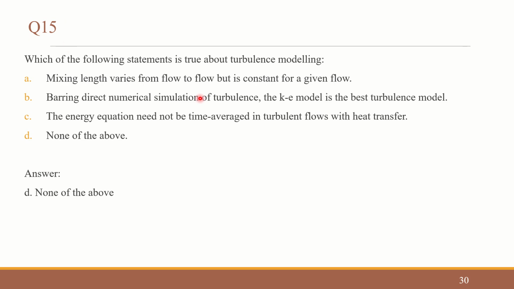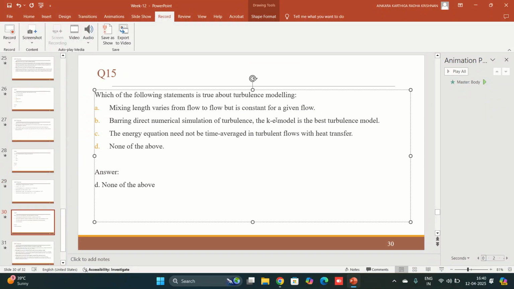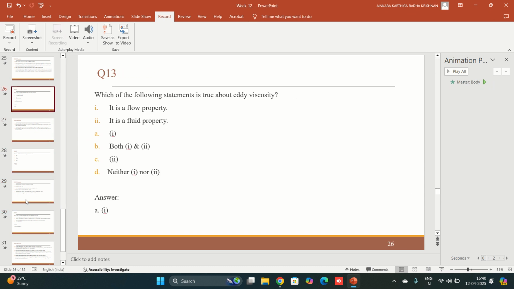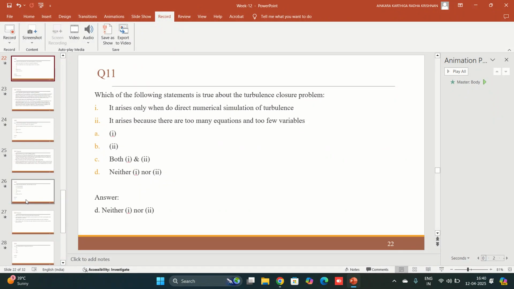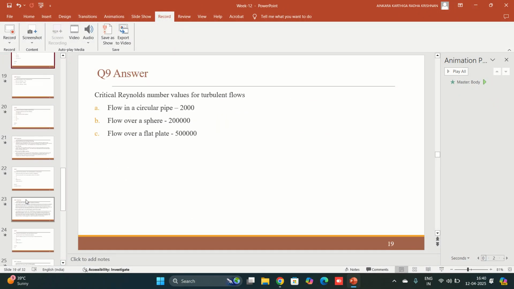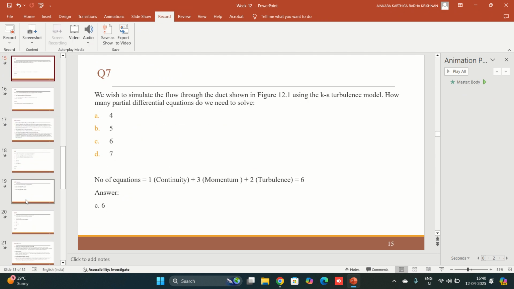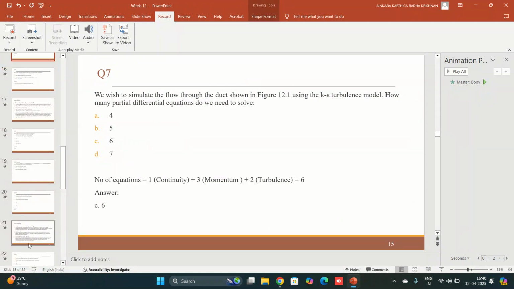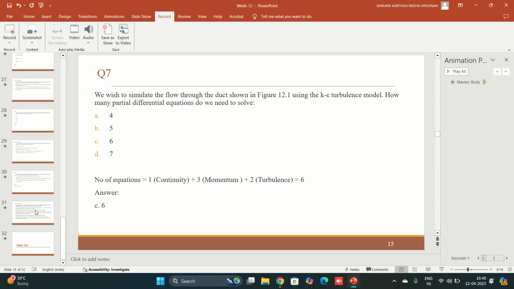Second one, barring DNS, that is direct numerical simulation of turbulence, K epsilon model is the best turbulence model. Again, this is false. K epsilon is one of the widely known and widely used models, but the different turbulence models are actually... Here K is the turbulent kinetic energy and epsilon is the turbulent kinetic energy dissipation rate.